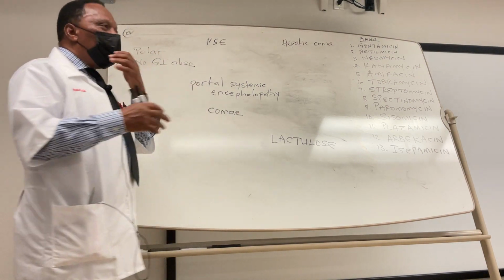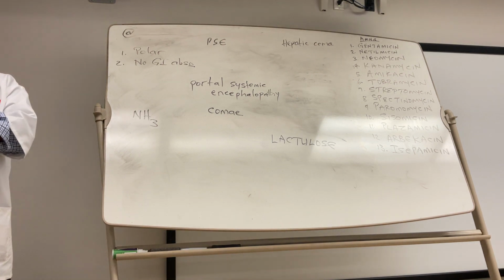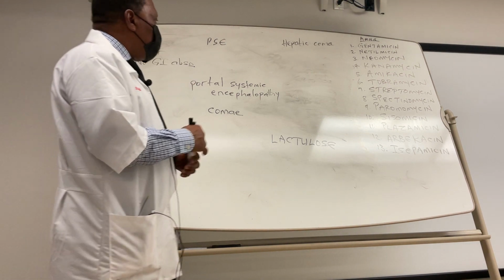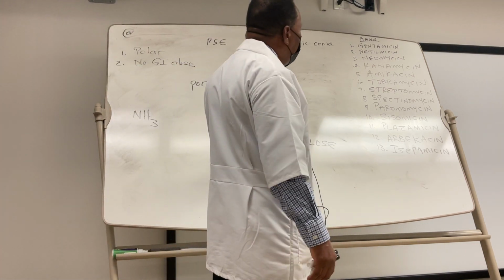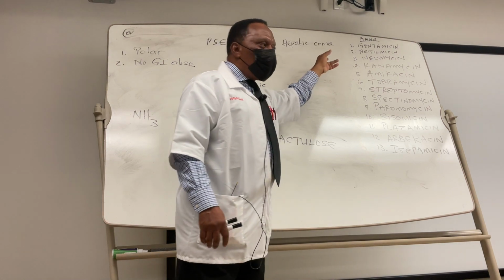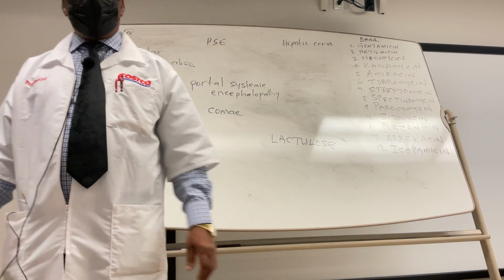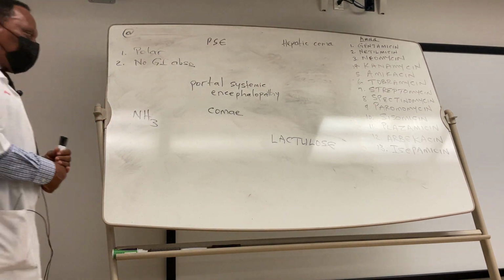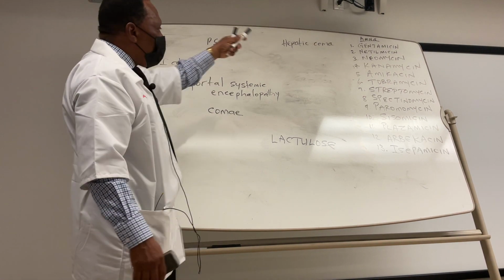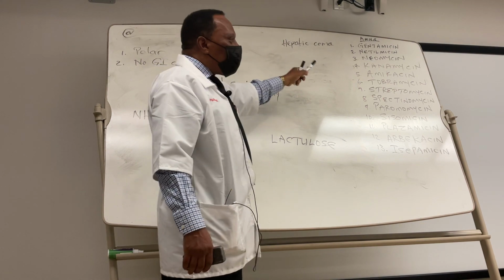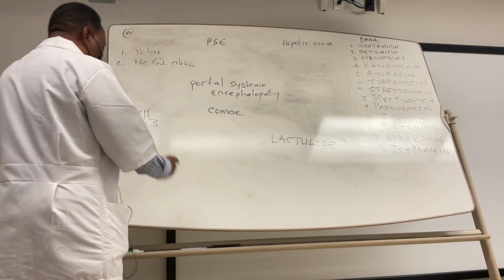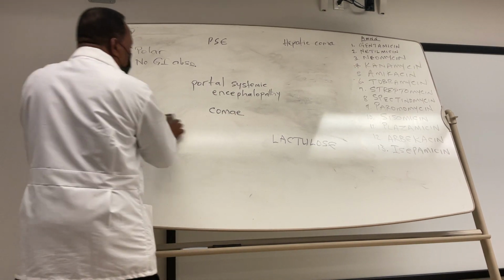But if you see somebody taking 1 ounce or 2 ounces of lactulose, even up to 3 times a day, then you know they have hepatic coma, which is your PSE or portal systemic encephalopathy. But an aminoglycoside administered orally can always be used for your hepatic coma management.